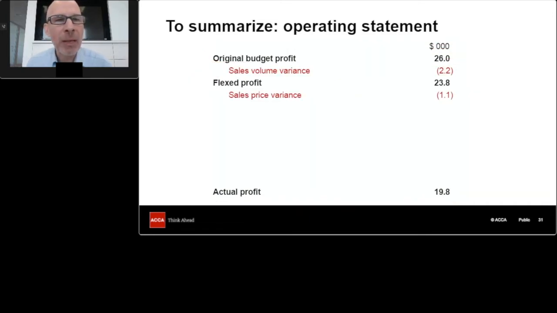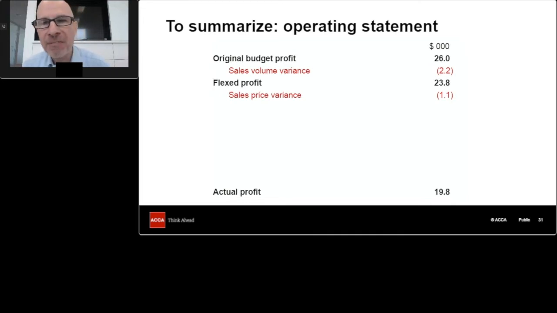Now, we would then start plugging in the broken down variances. So in between the original budget and the flexed profit, we have the volume variance, okay? And you could even find that as a balancing figure if you needed to.